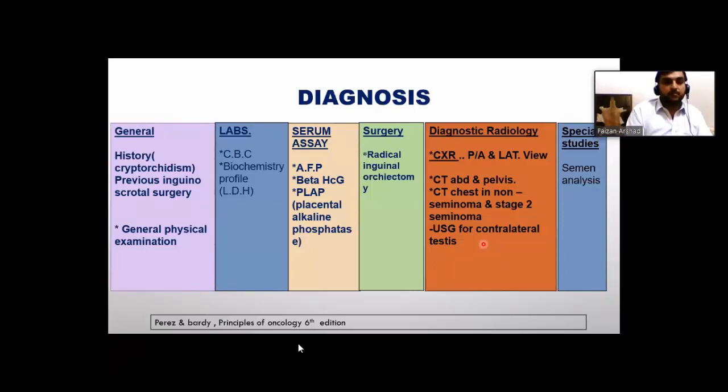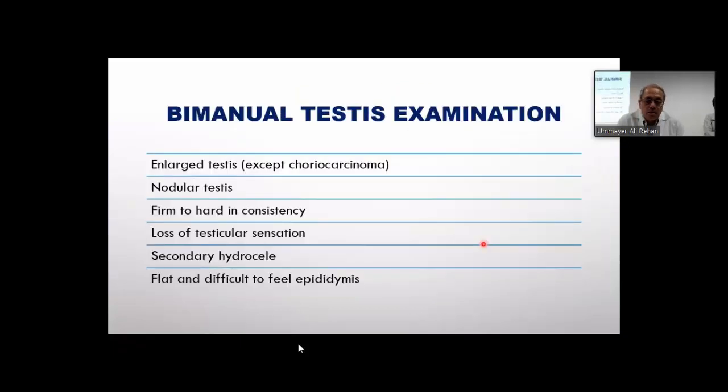Because, as we saw in the risk factors, decreased sperm count is also a risk factor for seminoma. We will come to this point later, because whenever we prescribe some medicine for the treatment of testicular cancer, or we do surgery, there is always a chance of interference with fertility.